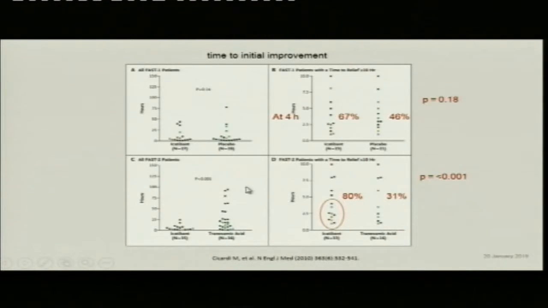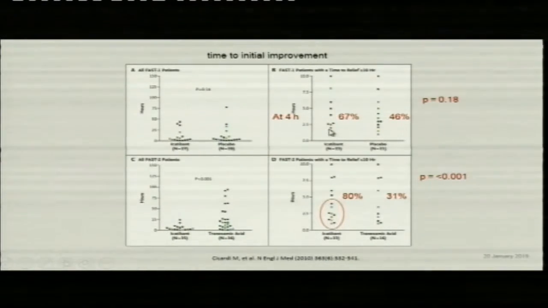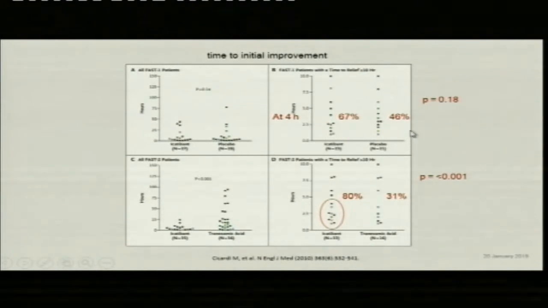With this, they showed that after 4 hours there was a 67% start of resolution of symptoms compared to placebo. With the tranexamic acid comparison, it showed up to 80% resolution, or start of resolution, compared to 31% in people on tranexamic acid.